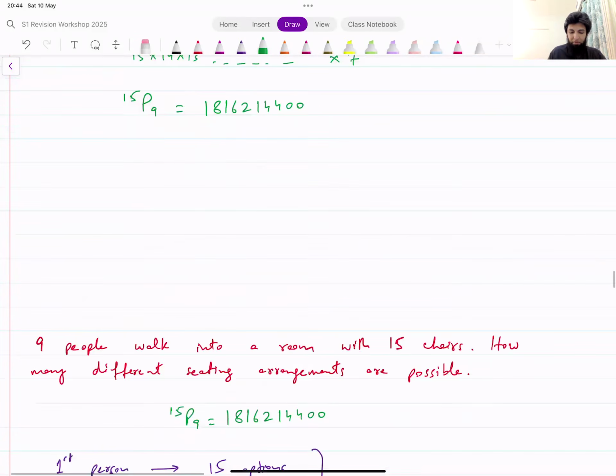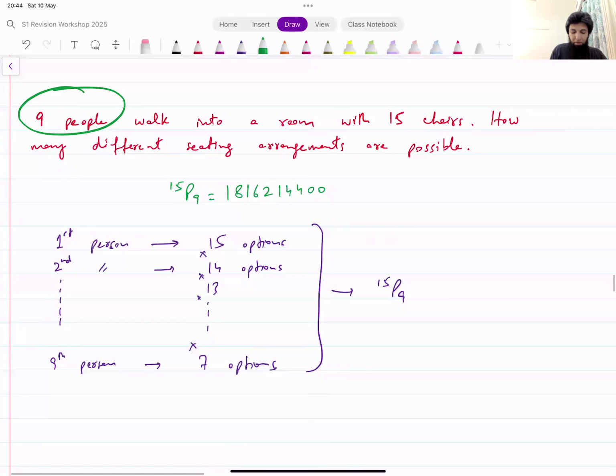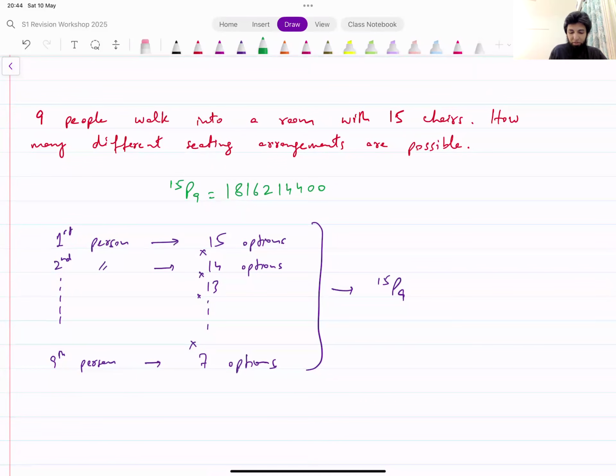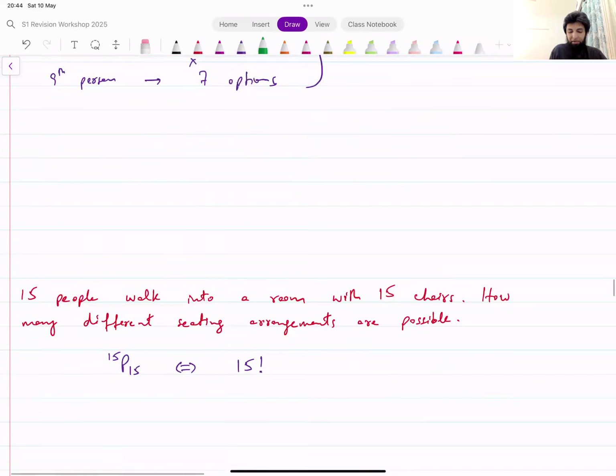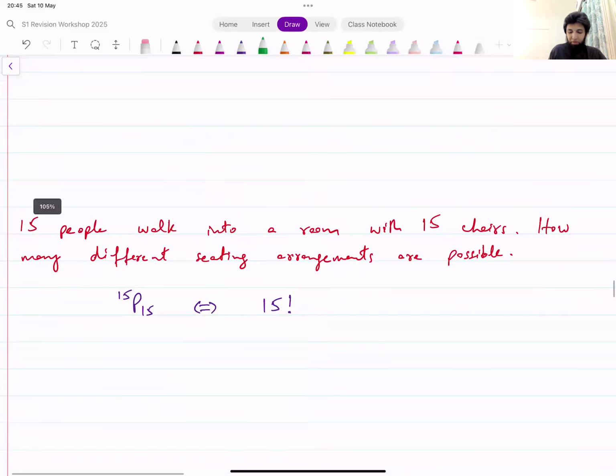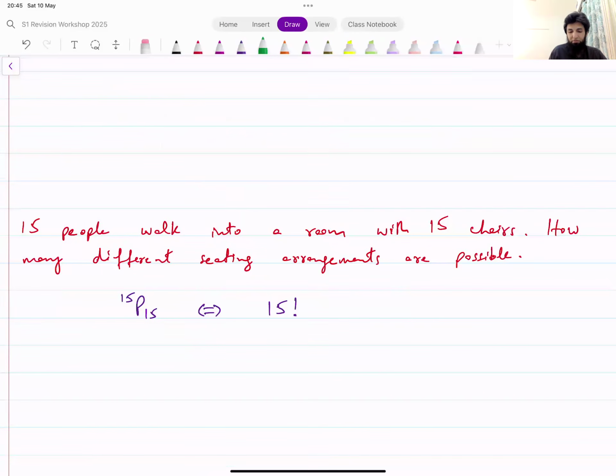If we switch that, the number of people, the number of objects, is less, and the number of places is more. Again, if you want to arrange them, whatever is the bigger number comes here, whatever is the smaller number comes here, that's also 15p9. If that number is equal, 15 people walk into a room with 15 chairs, that means just 15p15.